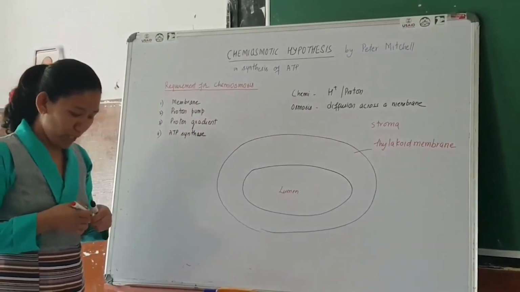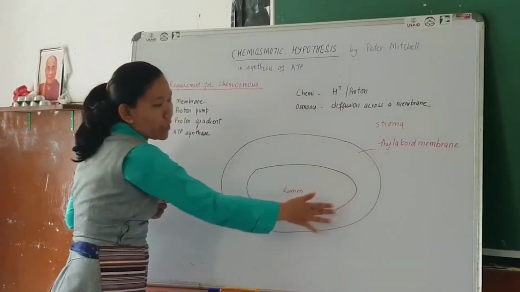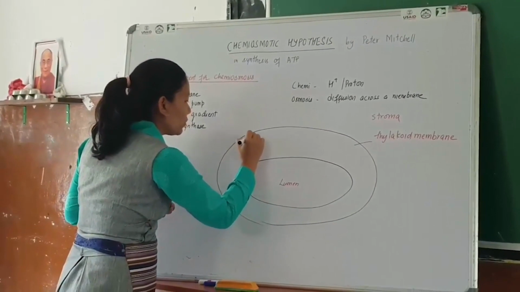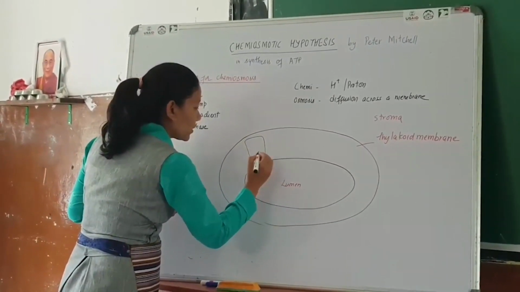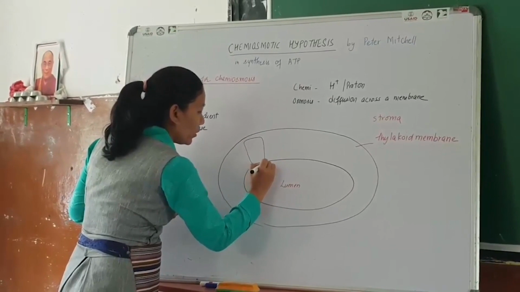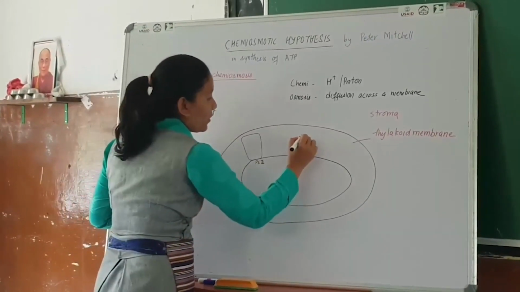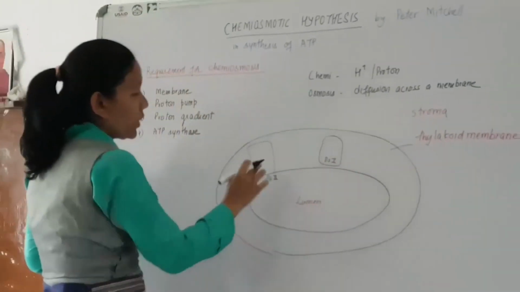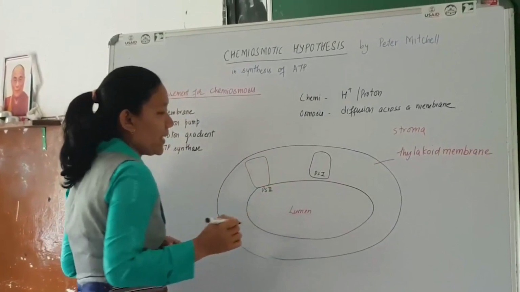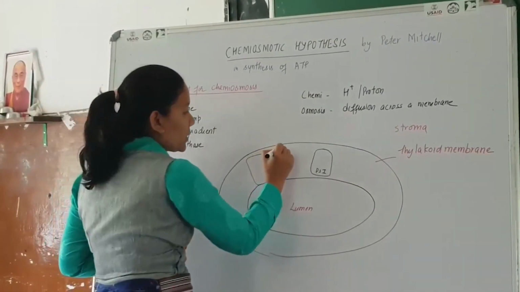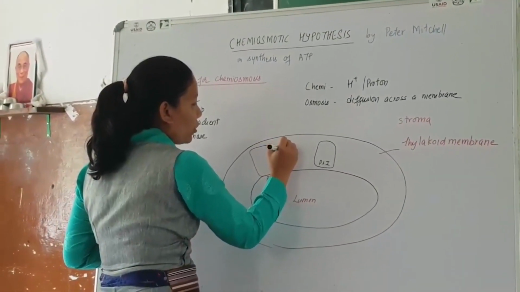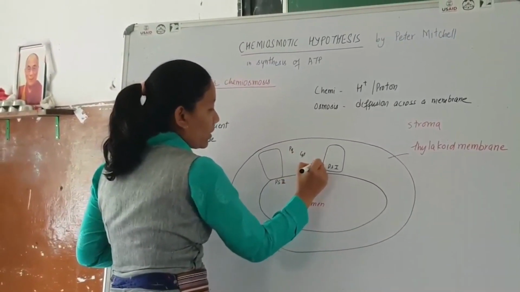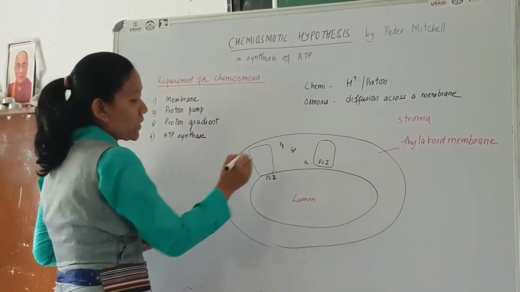Thylakoid membrane, and we know that light reaction takes place on the thylakoid membrane, and during light reaction the components we have are photosystem 2, and then photosystem 1, and in between them there is ETS, electron transport chain, consisting of plastoquinone, and then cytochrome complex, and then an electron carrier PC or plastocyanin.